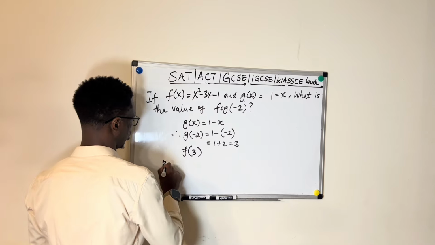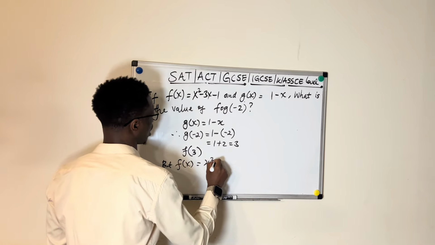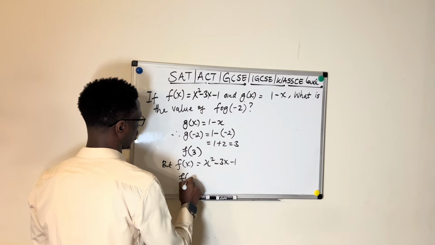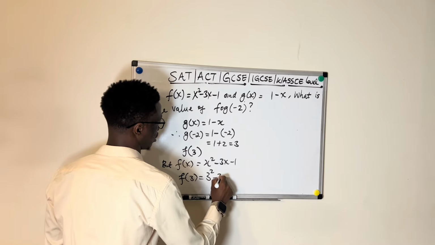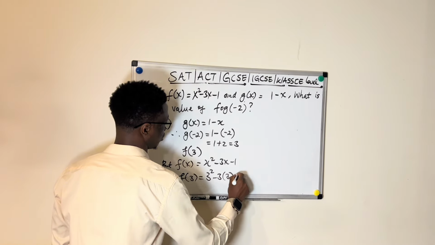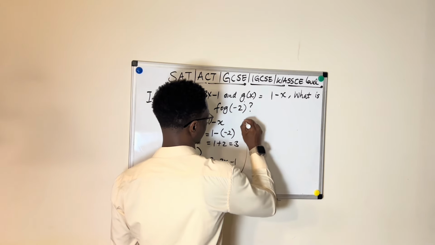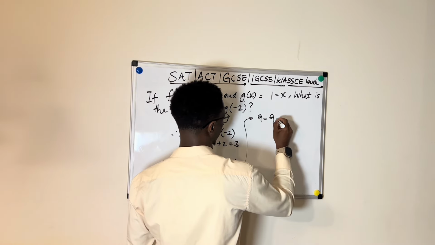But you know that your f of x is x squared minus 3x minus 1. So your f of 3 becomes 3 squared minus 3 into 3 minus 1. 3 squared is 9, minus 3 times 3 is 9 again, then minus 1.